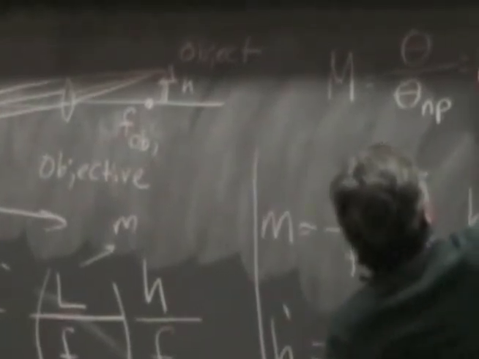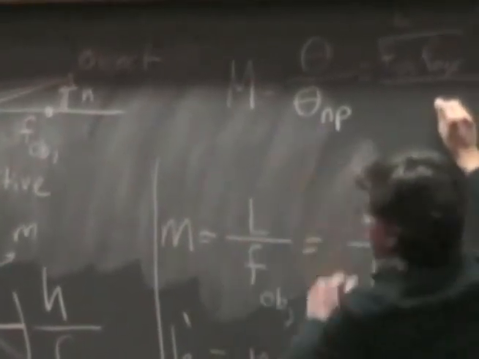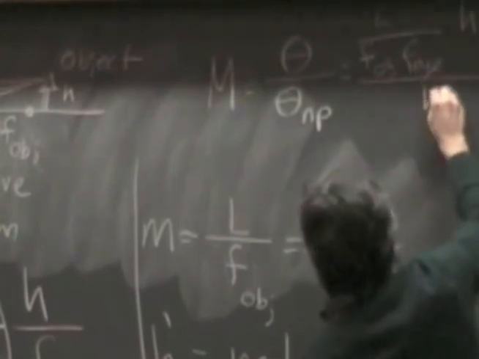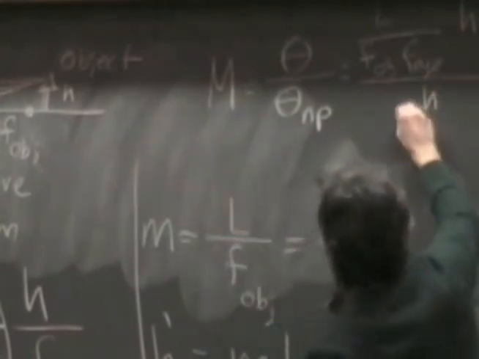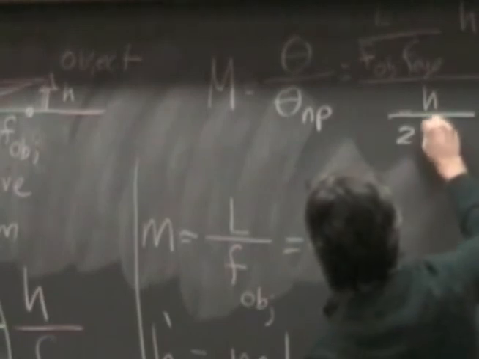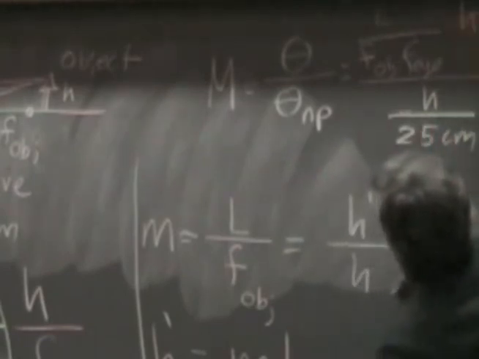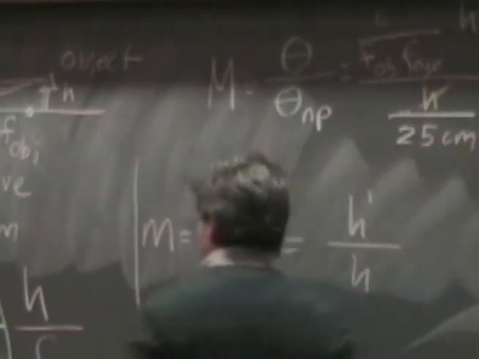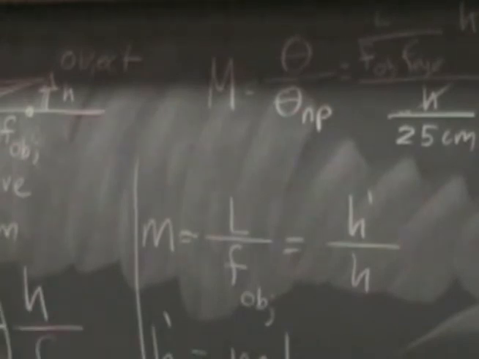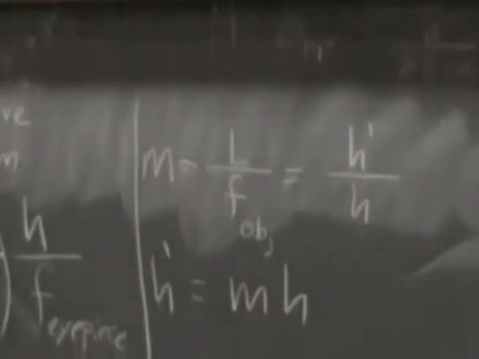We have L over f of the objective times f of the eyepiece times h, and this is divided by the near point angular size of an object, which is the size of the object, h, divided by the distance at which you place it, which is 25 centimeters. H is cancelled, and you have your final expression for the magnification of the microscope.